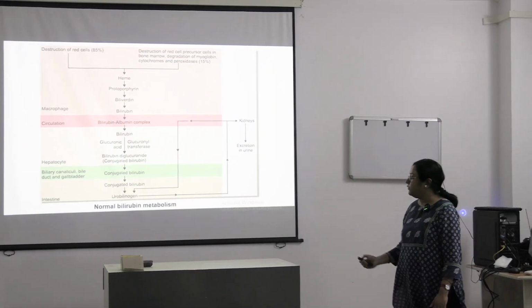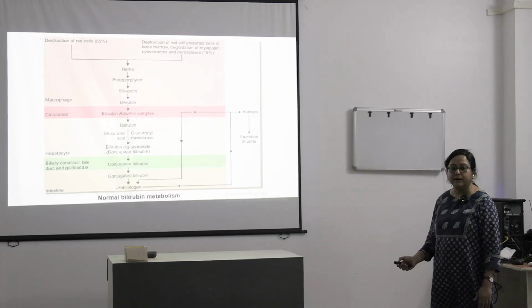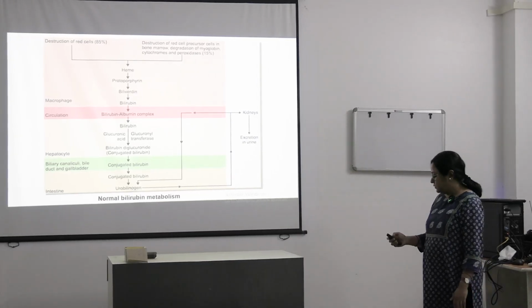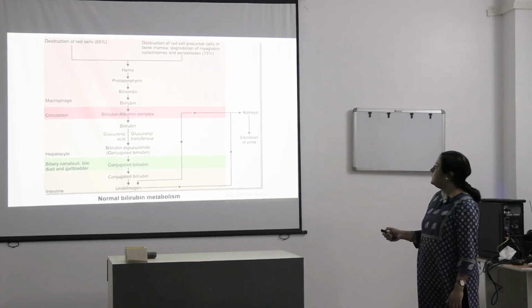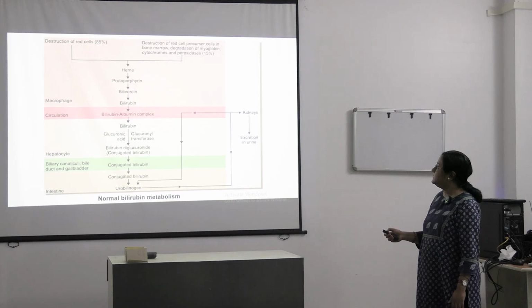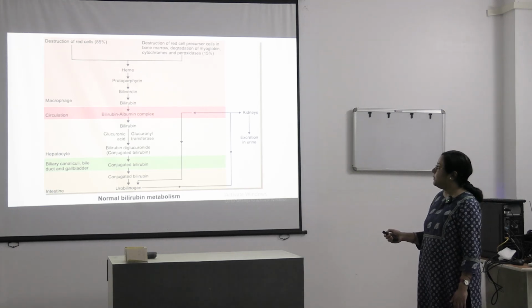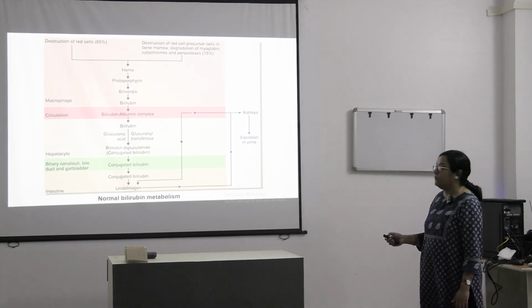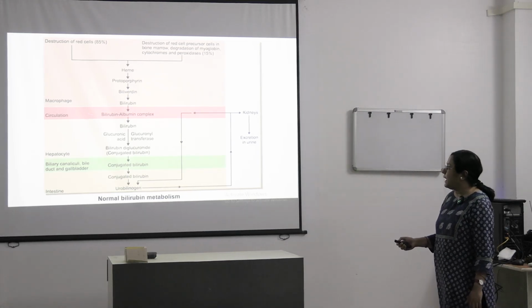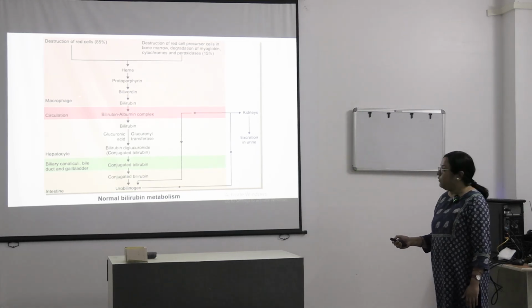This is a chart of normal bilirubin metabolism. Here, as you can see, there is destruction of RBC and heme is obtained. From heme, after degradation, bilirubin is obtained. Then a bilirubin-albumin complex is formed.